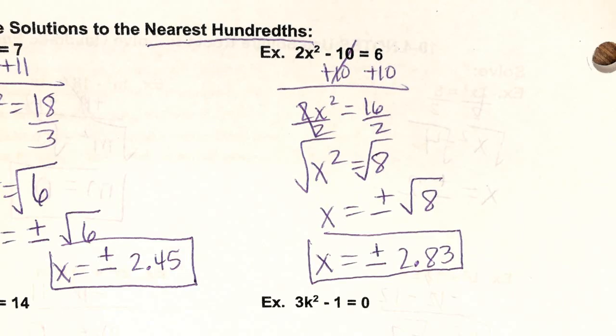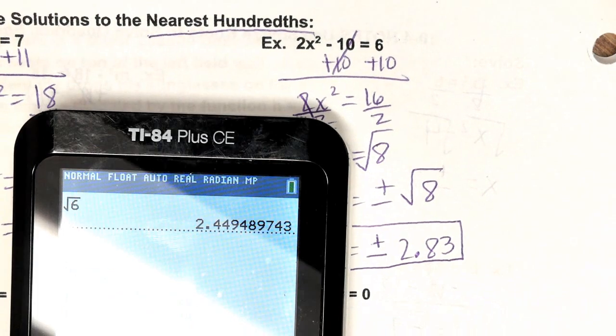How did we do? Good? Questions? All right, let's do 2 more of these. You have a question? You get 2.83. So square root of 8.